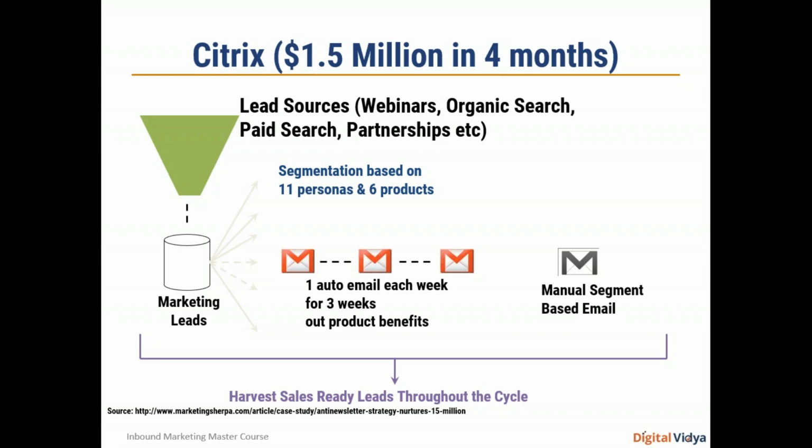Now they started a drip marketing campaign for them. One automatic email was sent each week for 3 weeks talking about the product benefits, and they segmented those leads based upon personas and the products they had shown interest in.